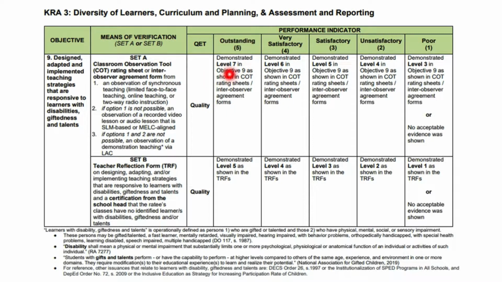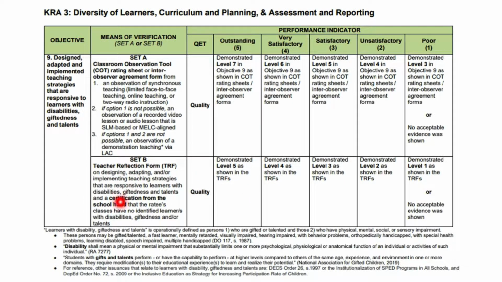So, dapat yung objective natin dito sa 9 is na-observe during the COT or kasali natin sa plan at na-execute natin during the classroom observation teaching. So, kapag set B naman yung pipiliin natin, paano tayo makakakuha ng 5 or outstanding? Dapat demonstrated level 5 as shown in the TRFs.